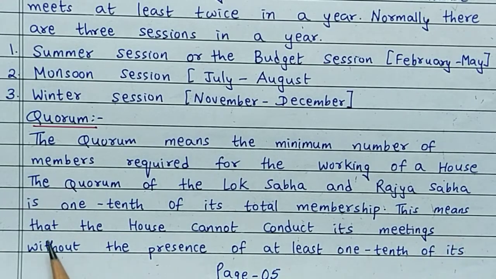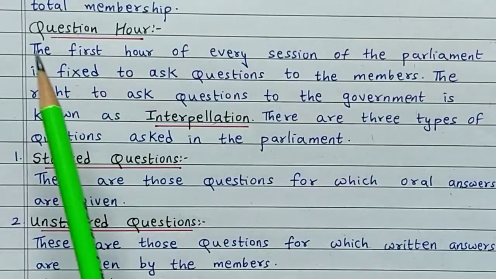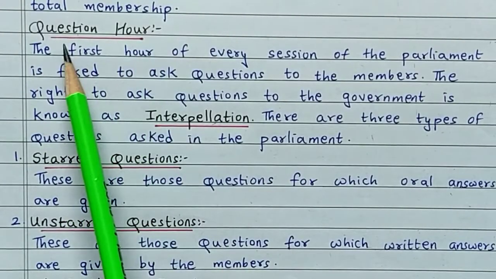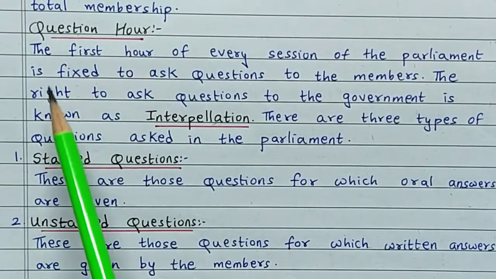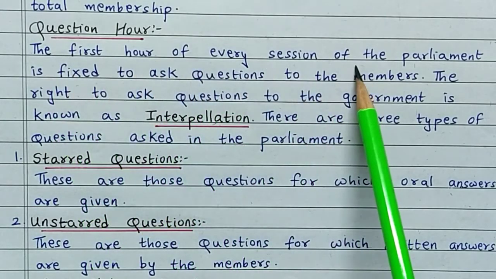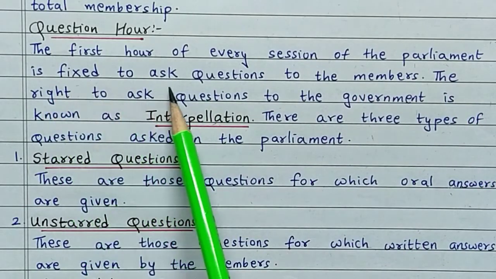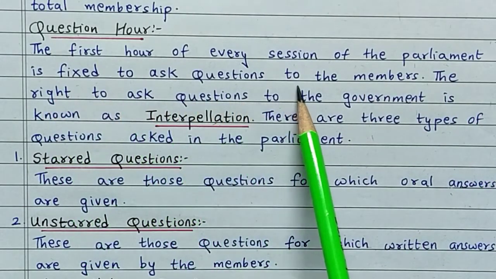This means that the House cannot conduct its meetings without the presence of at least 1/10 of its total membership.